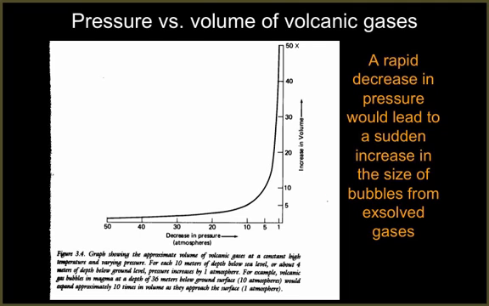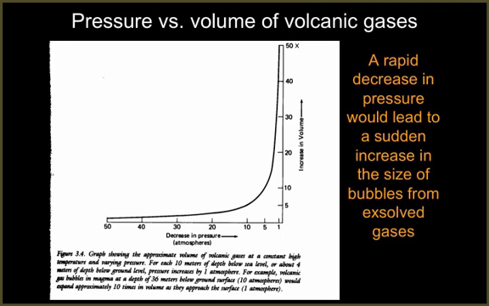And then the volume of those dissolved gases as they exsolve on the y-axis and increasing in volume on the right-hand side. So this refers to the size of the bubbles that are formed as gases are exsolved out of the magma.